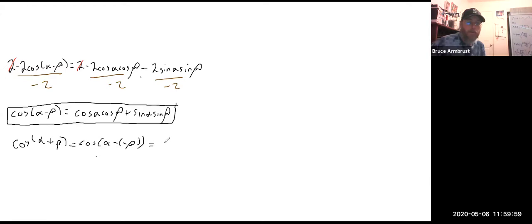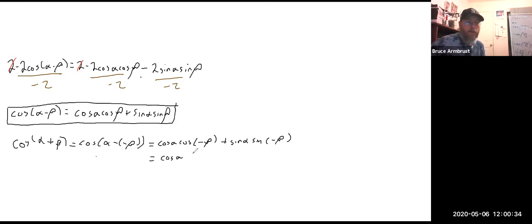So this is going to give me cosine of alpha times cosine of negative beta plus sine of alpha, sine of negative beta. All right, well, I don't want these things with negatives. So I'm going to make use of the even and odd properties for sine and cosine.